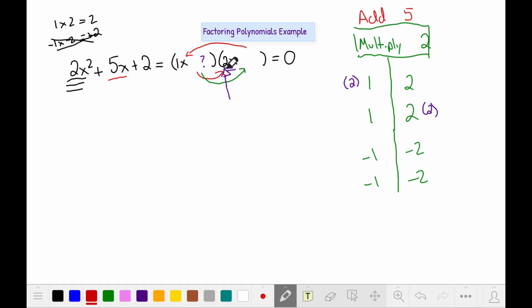We're going to have this 2x multiply this non-x term. So that's going to be 2 times 1, which is 2, plus the other non-x term. And we're going to get ourselves a 4, which comes from 2 times 1 plus 2.